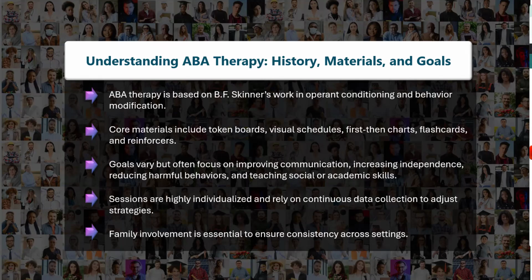Data templates can be used for tracking behavior frequency, duration, and also progress. You don't want to forget about flashcards or picture cards for teaching communication, identification, and other functional skills. I've also seen some behavior therapists use timers or clickers or applications.